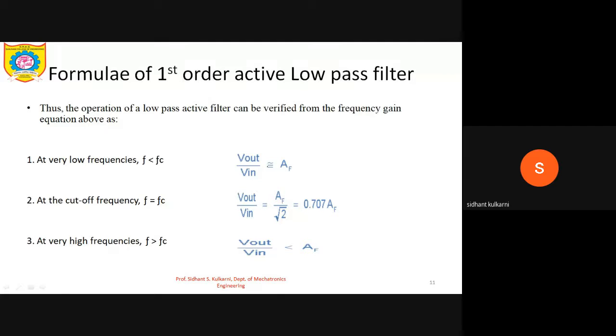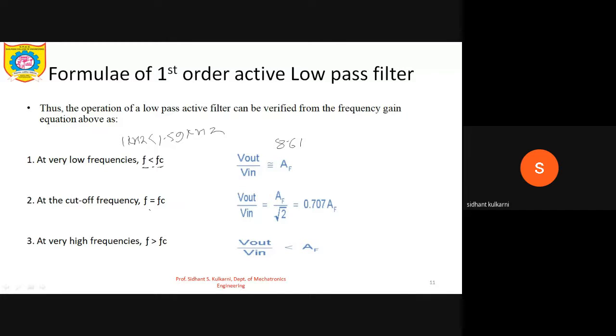Now, for a frequency less than FC, we calculated FC as 1.59 kilohertz and the frequency we have taken as 1 kilohertz. So 1 kilohertz is less than 1.59. That's why we have got the gain comparable with AF, right? We have got it at 8.61.